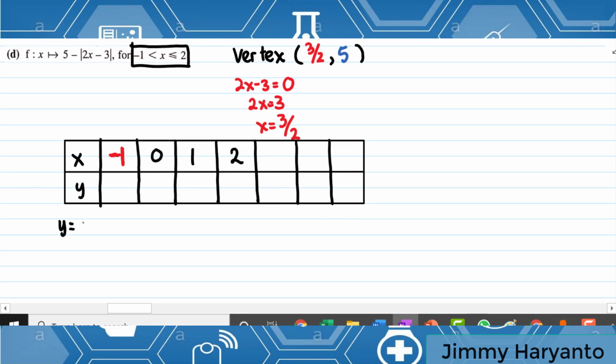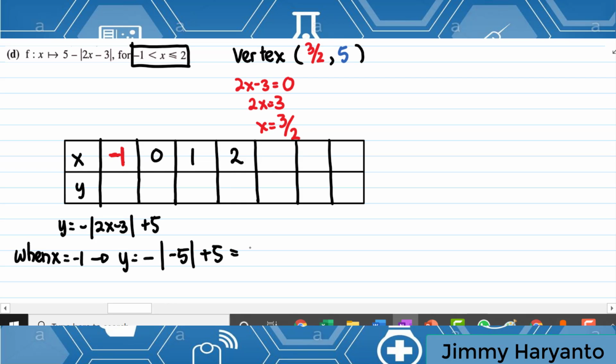So y equals negative absolute value of 2x minus 3 and then plus 5. When x equals -1, the result will be y equals negative, in the bracket 2 times -1, -2, -5, and then plus 5, -5 plus 5, 0.